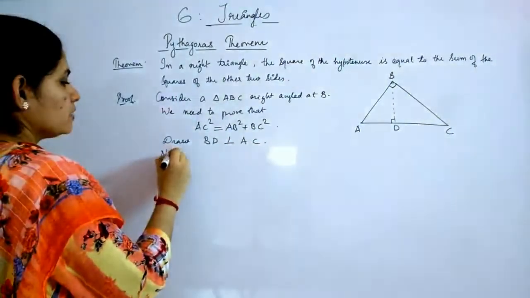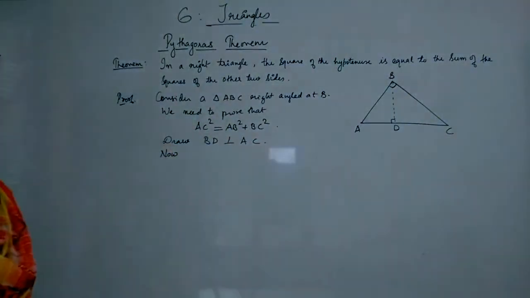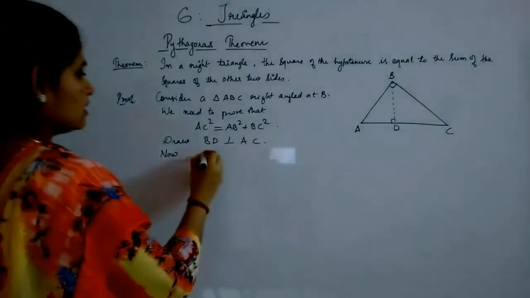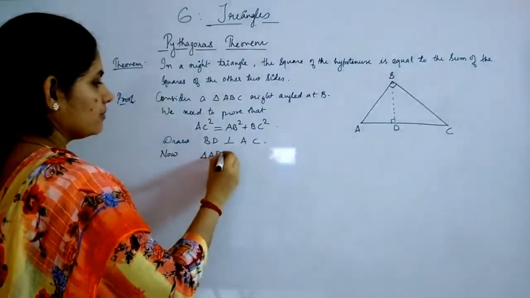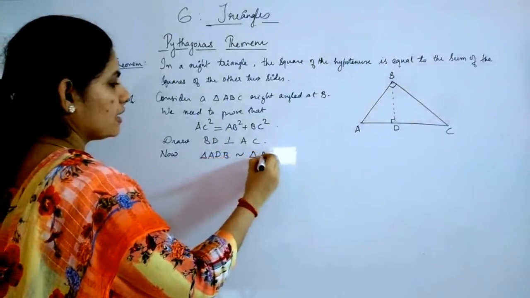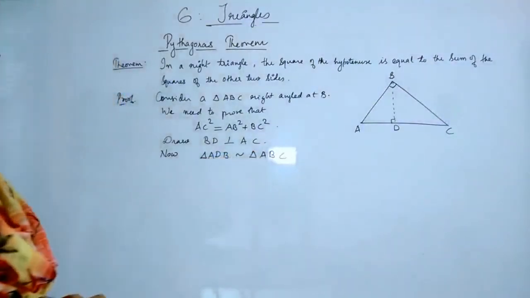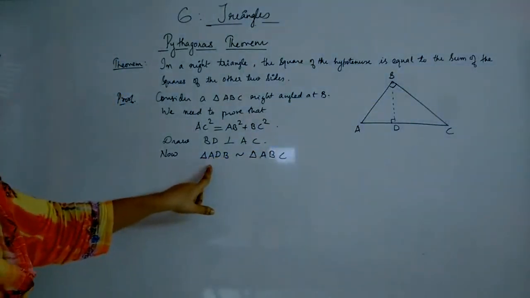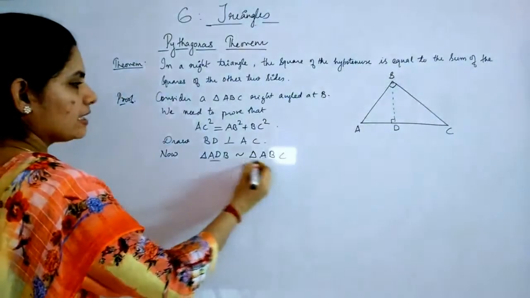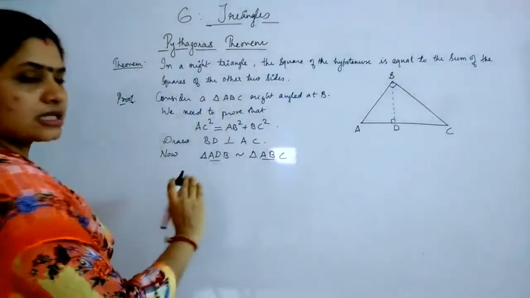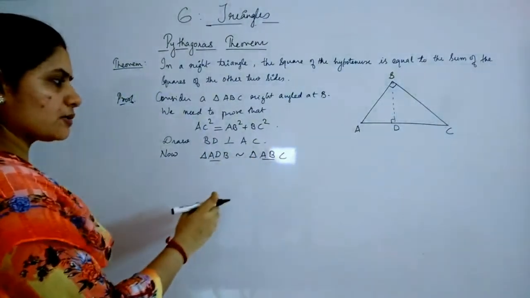Now since we know that triangle ADB is similar to triangle ABC, by the previous theorem, we can say that the sides will be proportional and the corresponding angles will be equal.